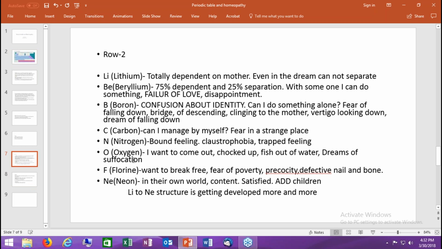In oxygen, he doesn't want to break rules within the limit, but he wants some freedom. Freedom to talk, freedom to speak, freedom to go do the desires, aversions, and freedom to live the life. But it is not beyond the discipline. But here in the fluorine, he wants to break the normal discipline, normal rules of life.